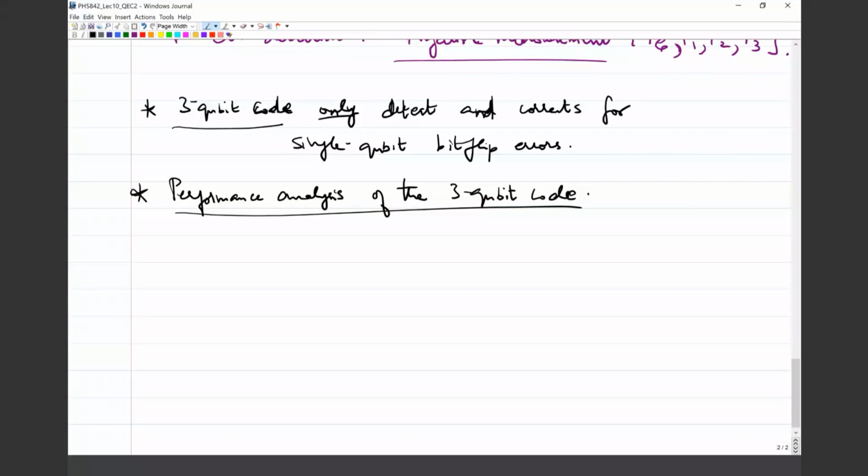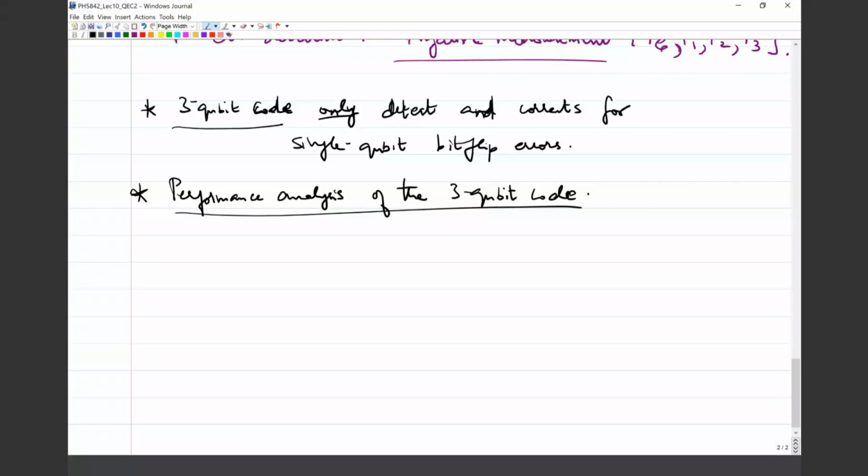So let's do a naive performance analysis, which means we'll simply ask, when does this error correction procedure fail? It fails when the 2-qubit and 3-qubit errors actually become more probable in some sense than the single qubit error, right?